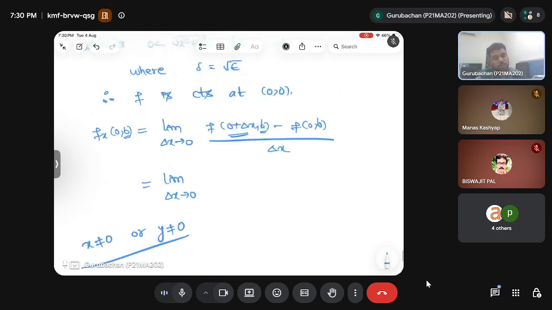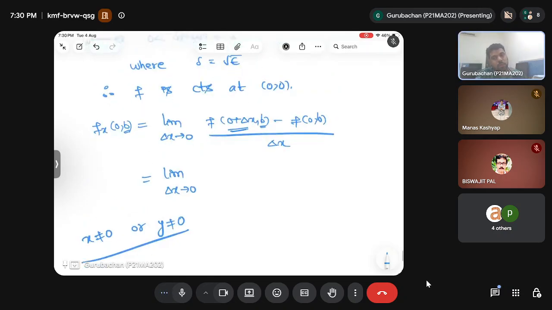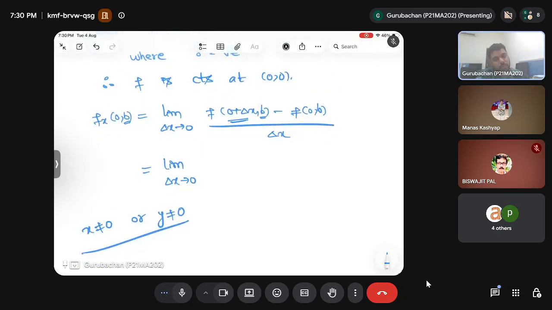If both are 0, or any one of them is 0, suppose x is equal to 0 and y is equal to a, b, something like that, then it is defined. Or x is equal to a, y is equal to 0, then it is defined. X is equal to c, y is equal to d, then it is defined.